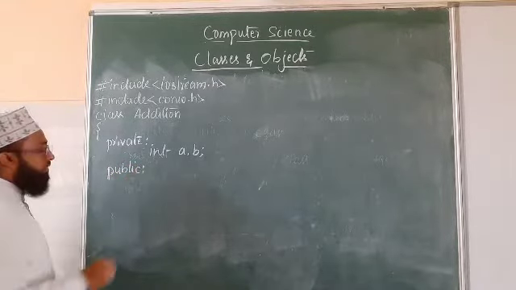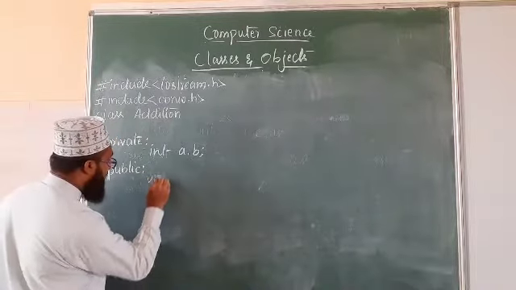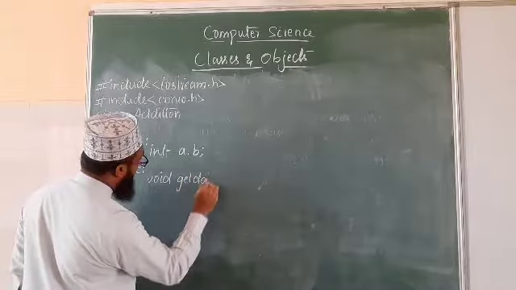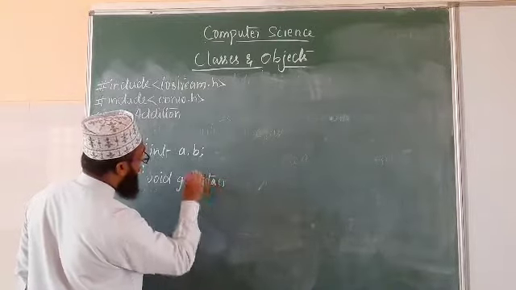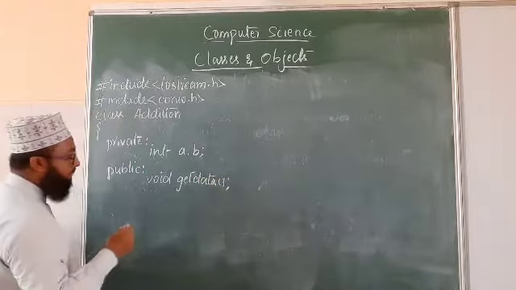Under public we will take 2 things: one is read data or get data, another one is put data or display. Void get data, I will use get data everywhere so that you can understand. Get data, this is the symbol of a function. Then void. Here only we are able to write.